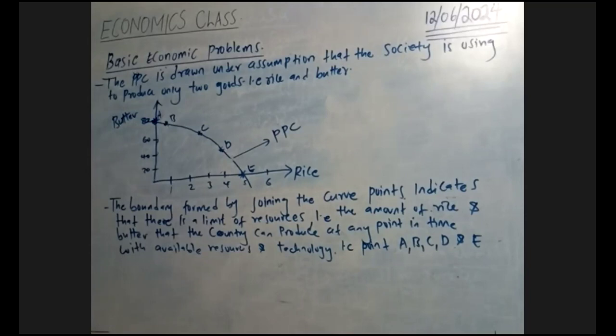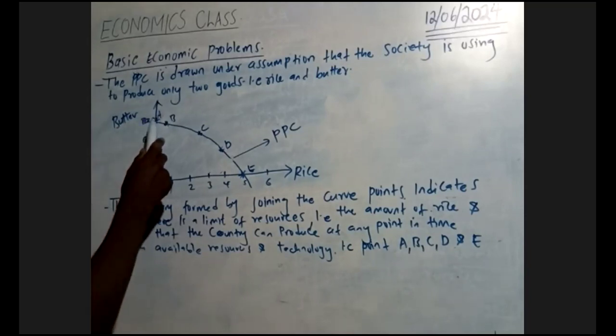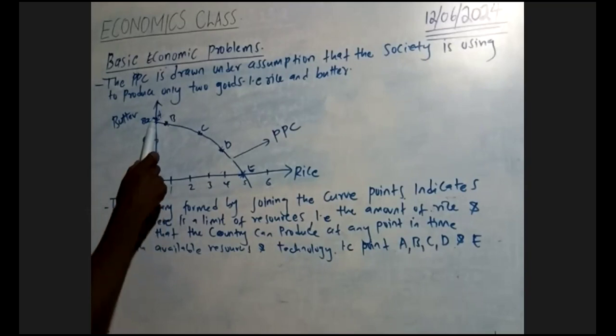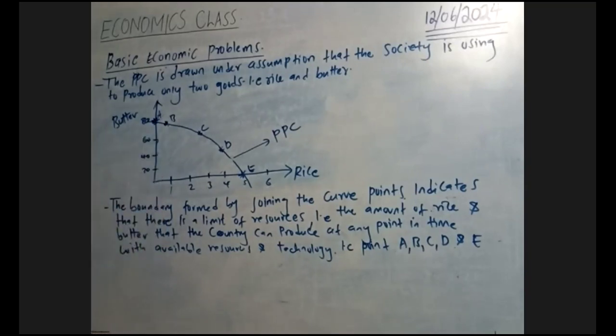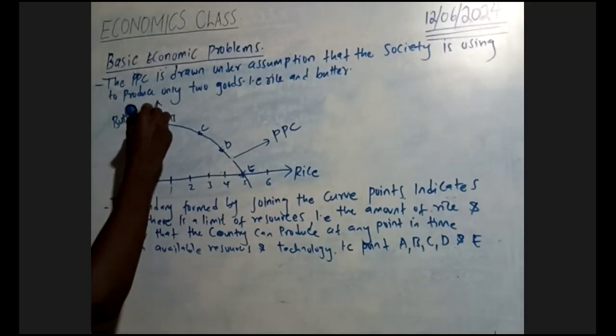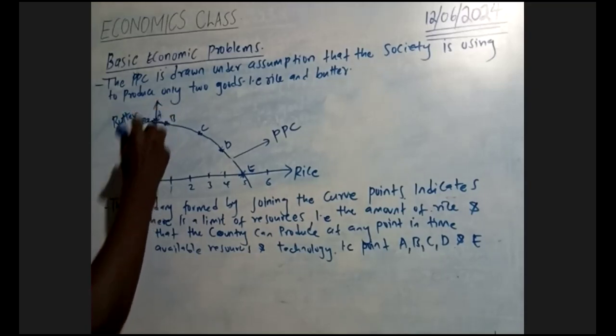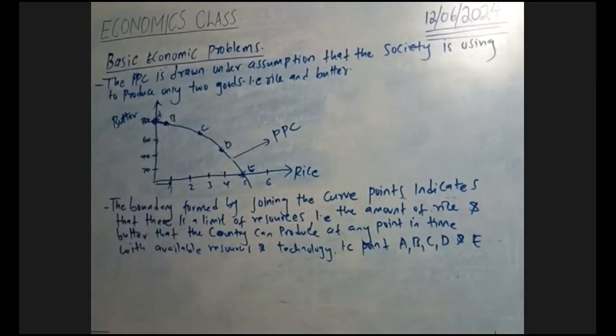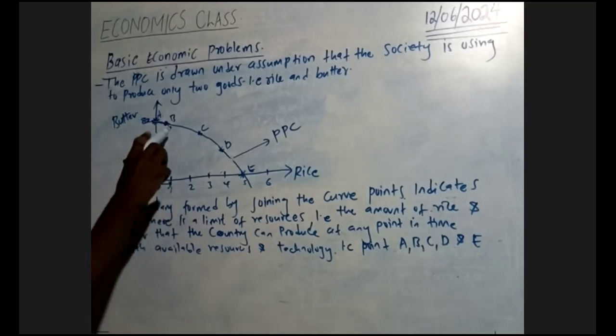For example, at point A, we can only produce 0 of rice and 80 of butter. As we keep on adding rice, we keep on reducing the number of butter from 80 to 76.